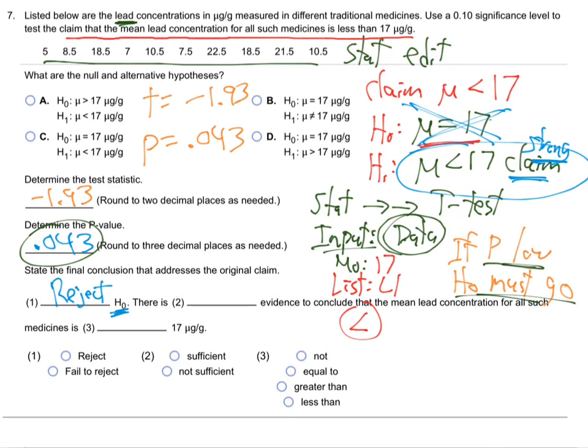Reject the null, so sufficient. There's strong, sufficient evidence to conclude that the mean lead concentration is indeed less. We conclude the claim, less than 17. There's a low amount of lead, which is good.